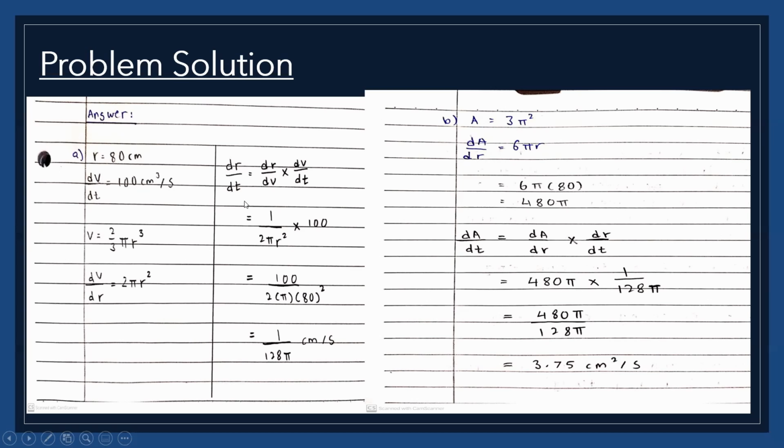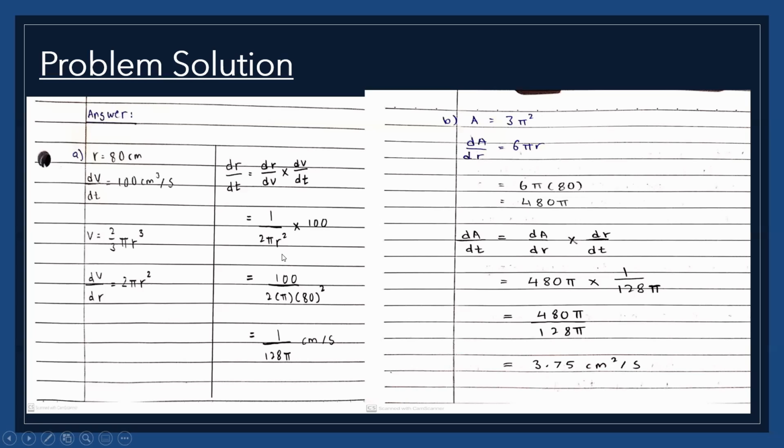To find how fast the radius of the tank changes, dr/dt is the rate of change of the radius. To find that, dr/dt is equal to dr/dV times dV/dt.